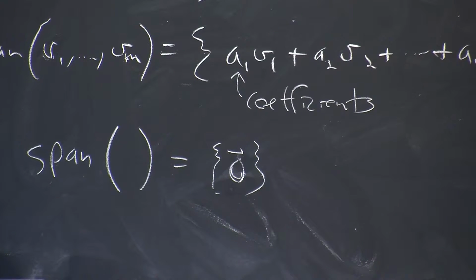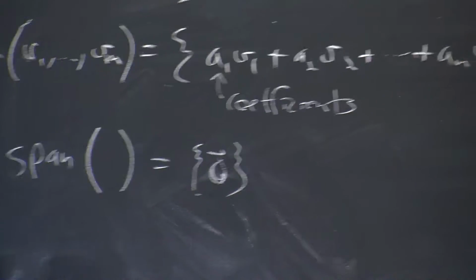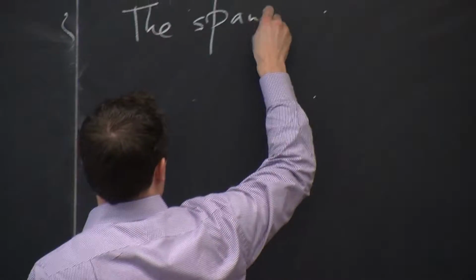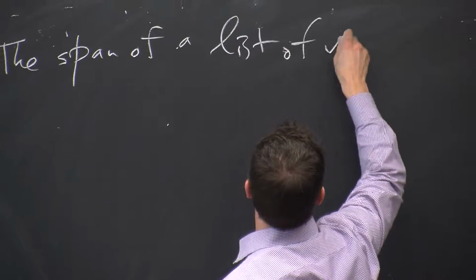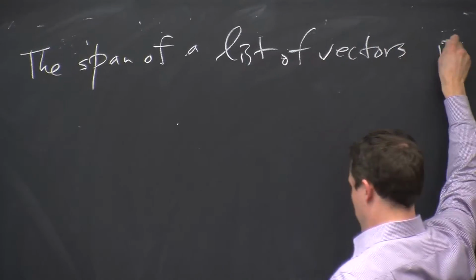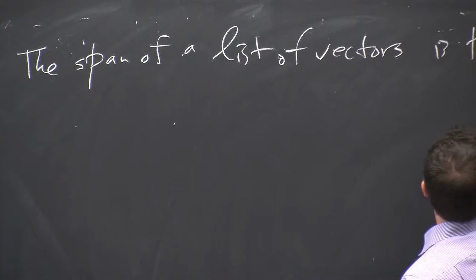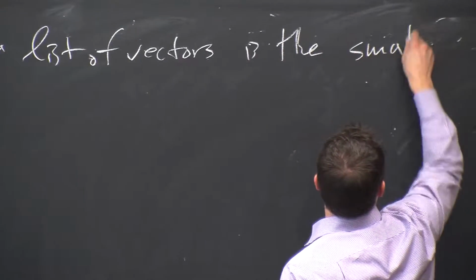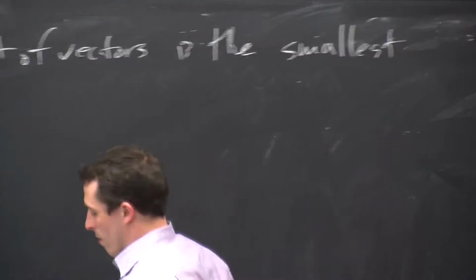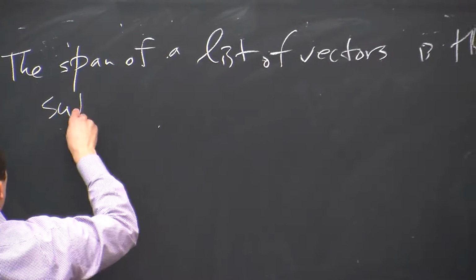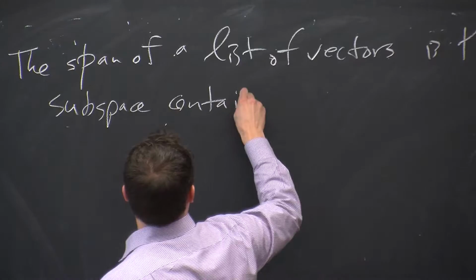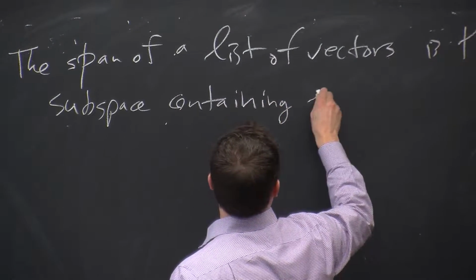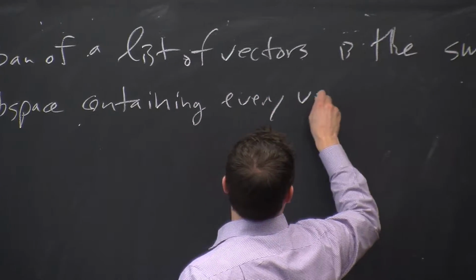And similarly, we can make a definition like that for span by observing that the span of a list of vectors is the smallest subspace containing every vector in the list.